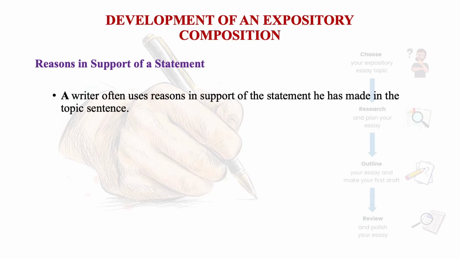A writer often uses reasons in support of the statement he has made in the topic sentence. The topic sentence concerns the thematic concern and gives you the main idea, so all the examples have to be in line with the idea involved in the topic sentence.